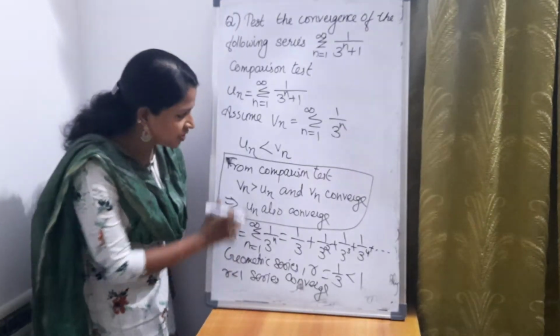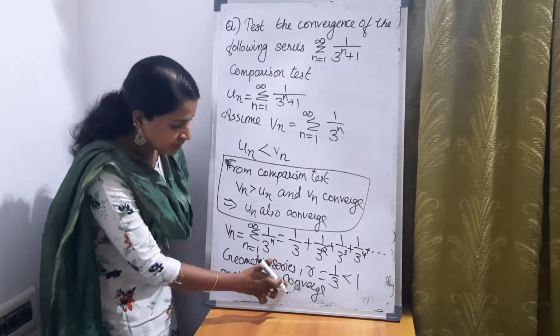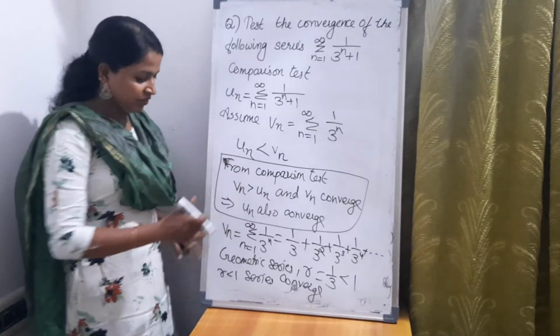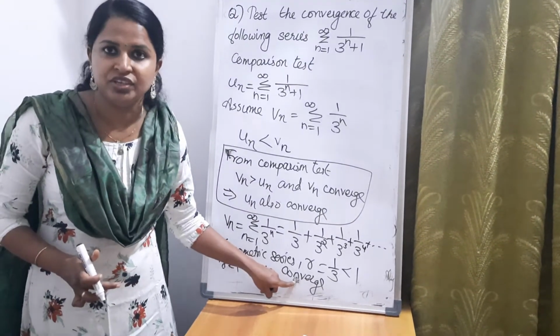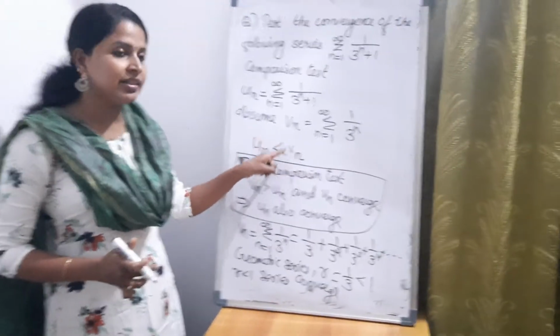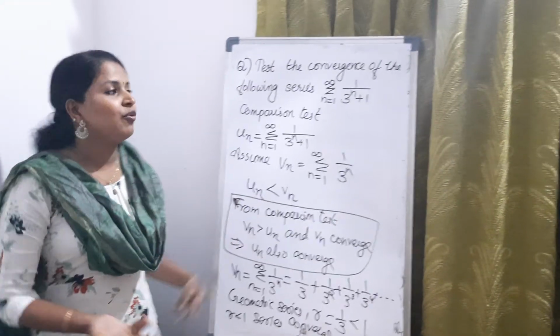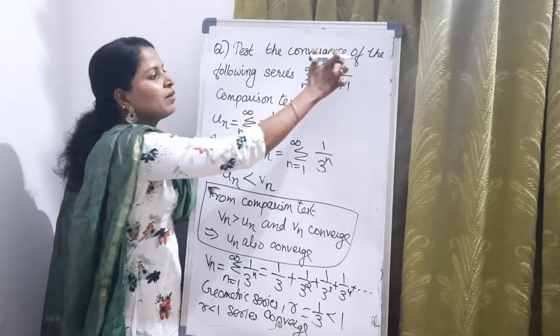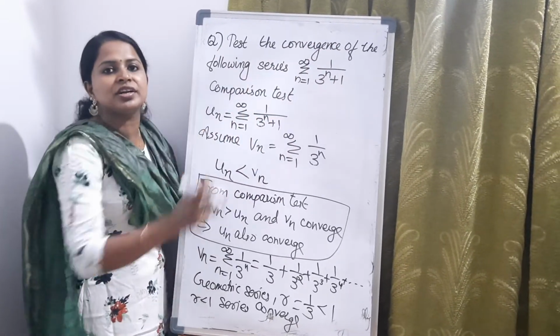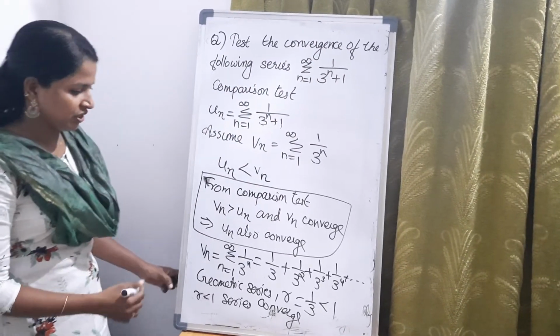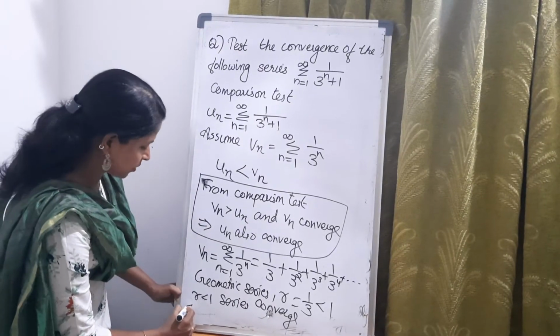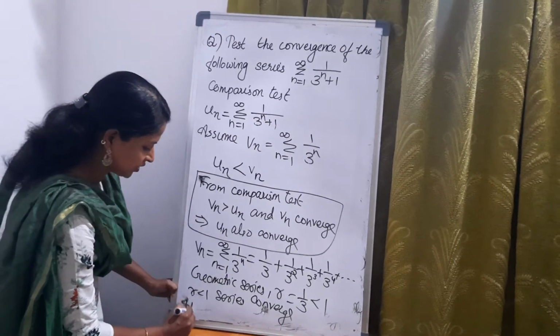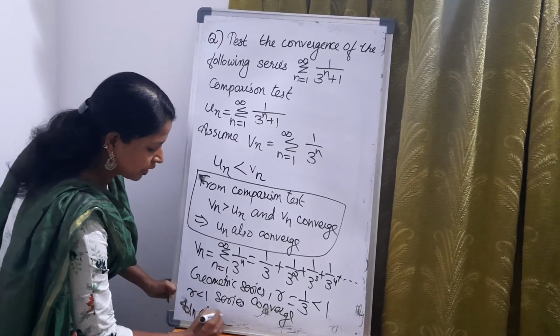Our second condition is Vn converges, then un also converges. Here we already proved Vn converges, and Vn is bigger than un. So our given series sigma n equal to 1 to infinity 1 by 3 raised to n plus 1 also converges. So the given series un also converges.